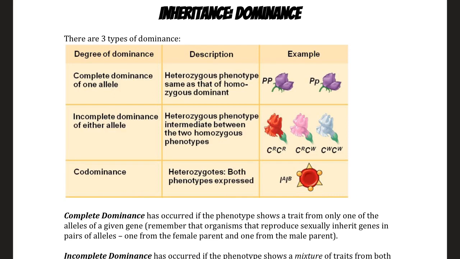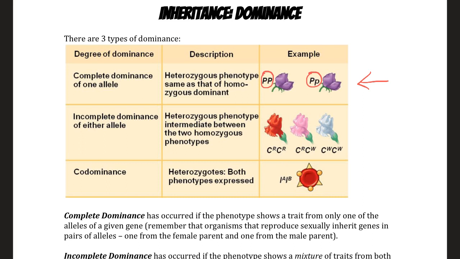Let's talk about dominance. So far we've talked about something called complete dominance, which, as you can see in this first row here, we designate one of these as dominant, so big P, and the other one is recessive. So in this case, we have big P, homozygous dominance, and this one is heterozygous.